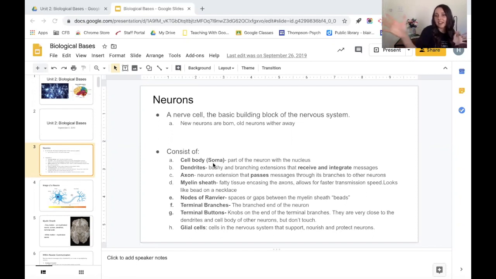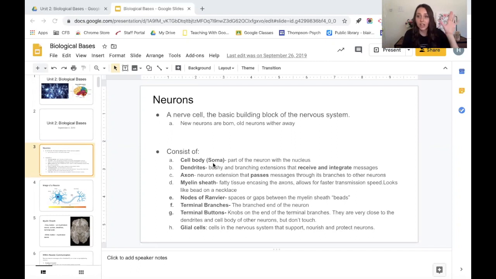And then at the end of the axon, you stretched your right hand out really wide because these were the terminal branches. And then your fingertips were the terminal buttons, right? So that's your neuron. It's hard to do it on video, but make sure you go through and remember those different parts of the neuron and what their job is.